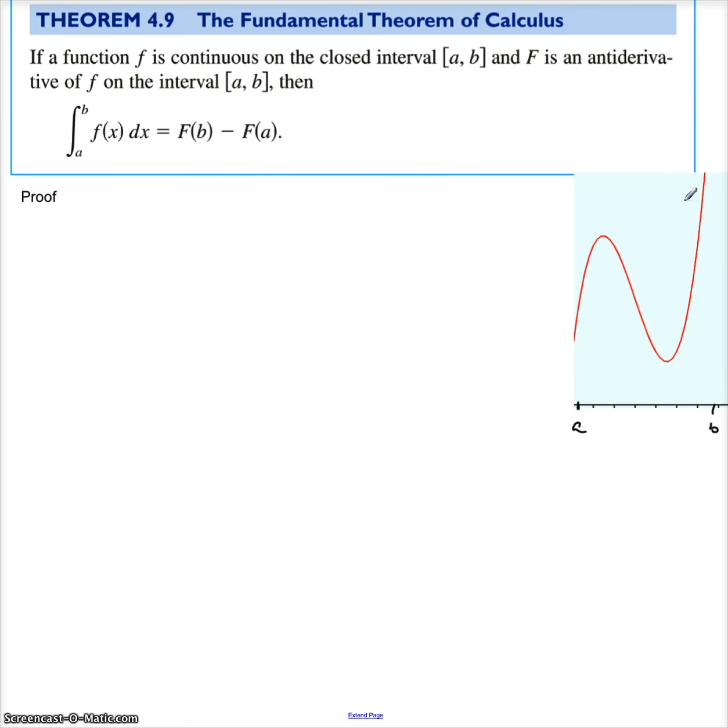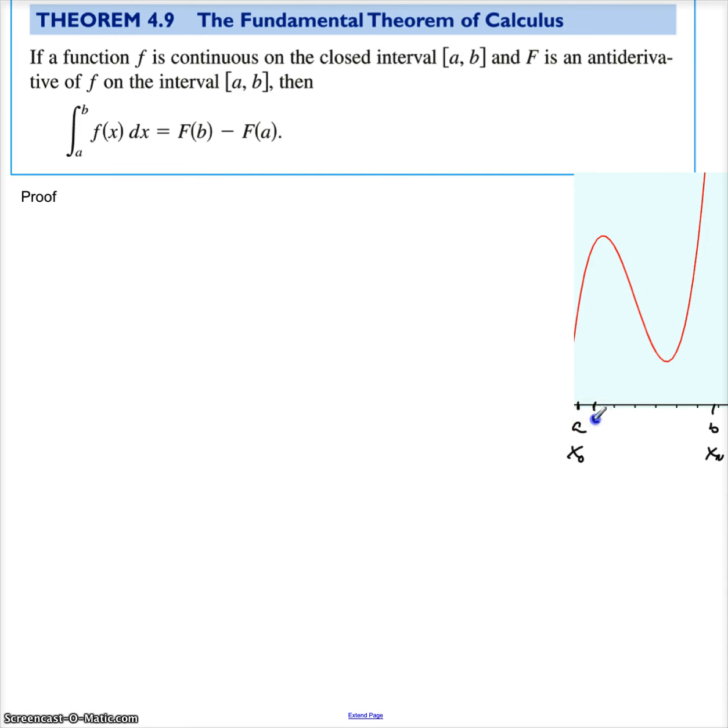Now, this proof is, I'm going to be honest, a little on the slick side. All right? Let's assume we can partition this. And let's let this point right here be x naught, my a value, and this be x n. And so we're going to divide this up into different partitions.